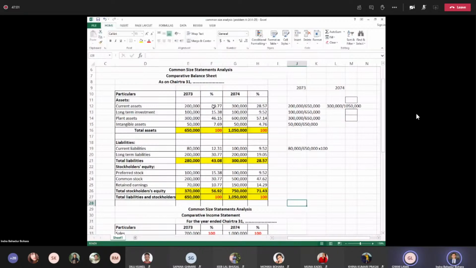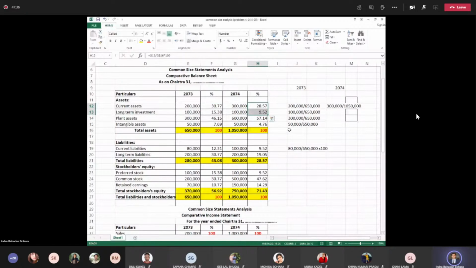Current asset is 30 percentage in 2073, and in 2074 it is 28.57. Now, the position of current asset decreased.